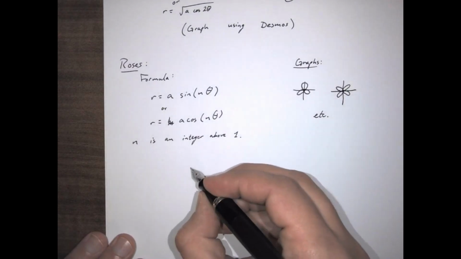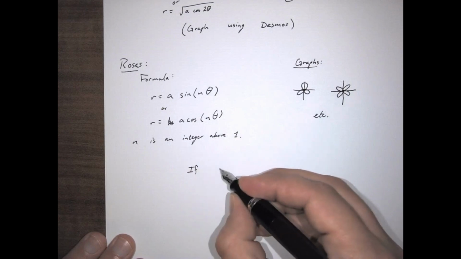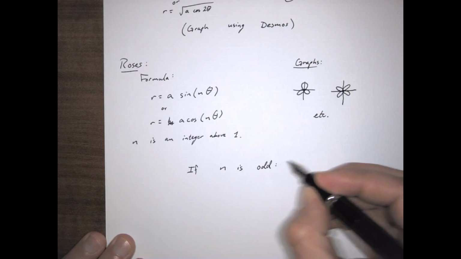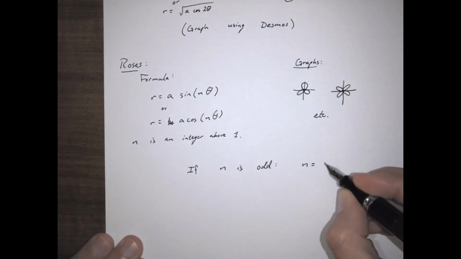And if n is odd, n equals the number of petals.